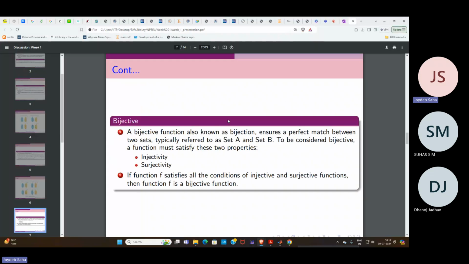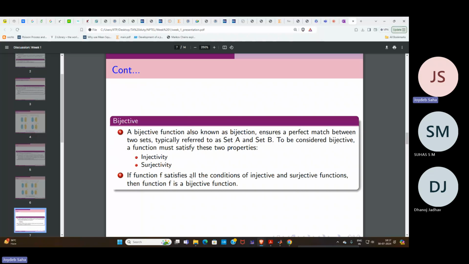Bijective is the combination of injectivity and surjectivity. So a bijective function, also known sometimes as bijection, ensures a perfect match between two sets, typically referred to as set A and set B. To be considered bijective, the function must satisfy these two properties. Injectivity we have already read, surjectivity we have already read.